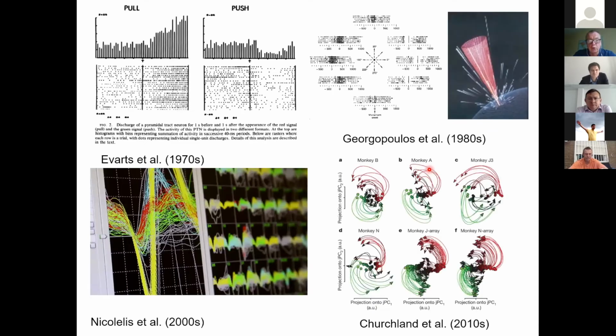So if you look at the history of neurophysiology, which probably starts from the work of Evarts, and you just look at the pictures that they had in the papers, then you see that over almost 50 years of this research, the pictures have been changing. Like in the early work of Evarts, you see these post-stimulus histograms, which represent activity of single neurons.